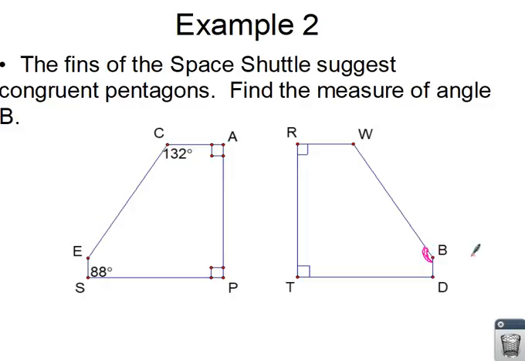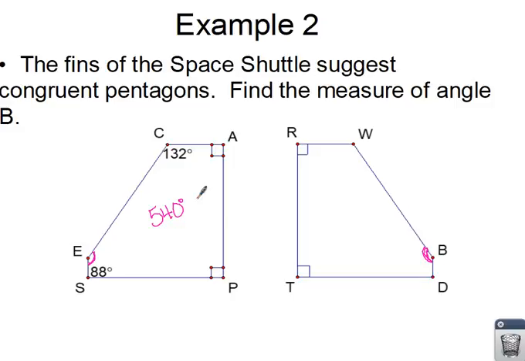So it turns out, since these are all congruent, that means B has to be the same as E, right? I doubt the astronauts name those parts, but they look at it and they say that angle has to be the same as this angle or it's not going to work. So from our last chapter, we know that if we do the n minus 2 times 180 formula, pentagons add up to 540 degrees.